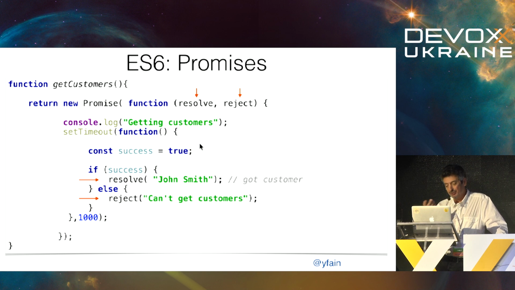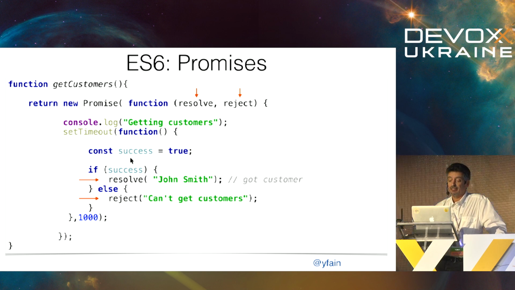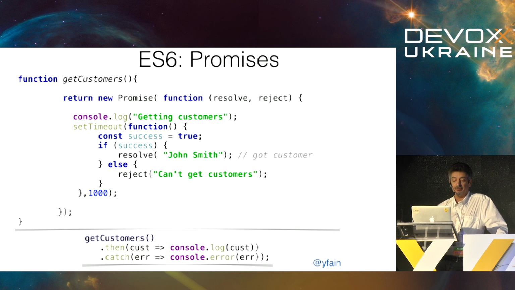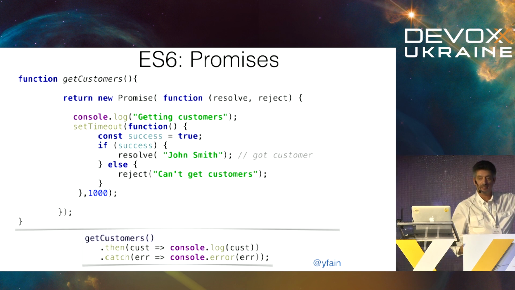So in this case, I do set timeout to emulate the long processing, and then obviously I always do success for simplicity, and I return John Smith. Otherwise, it would return can't get customers. And down there, look at the bottom.